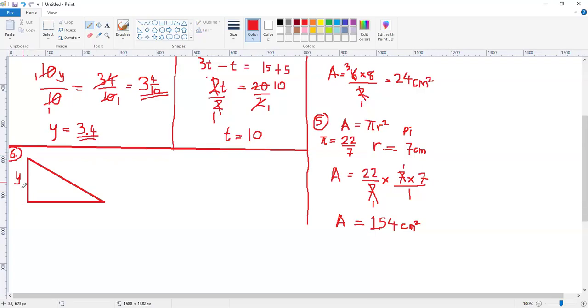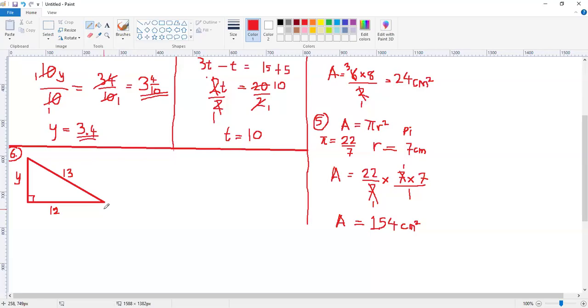So this is y, and this is a right angle triangle. So you have your 90 degrees there. Of course, I'm sure you know what a right angle triangle is, right? One of its angles is 90 degrees, which is technically the right angle, as they call it. So this is the question. The question says solve for y.